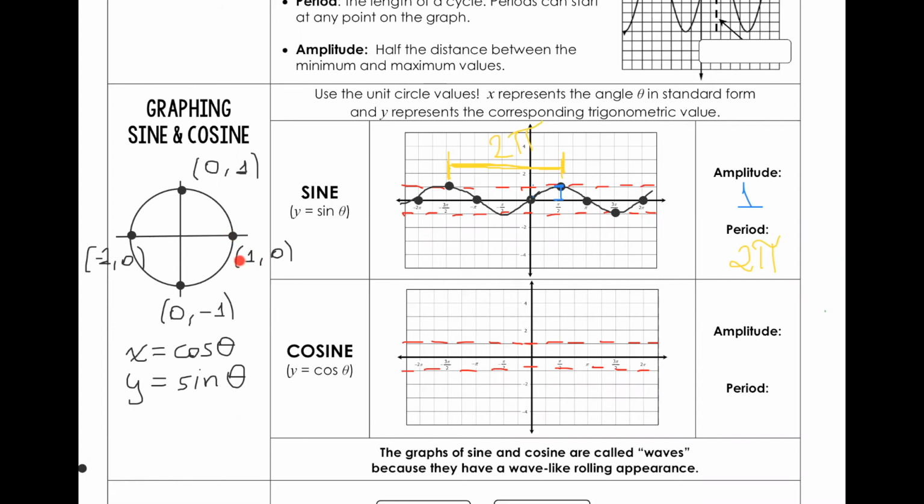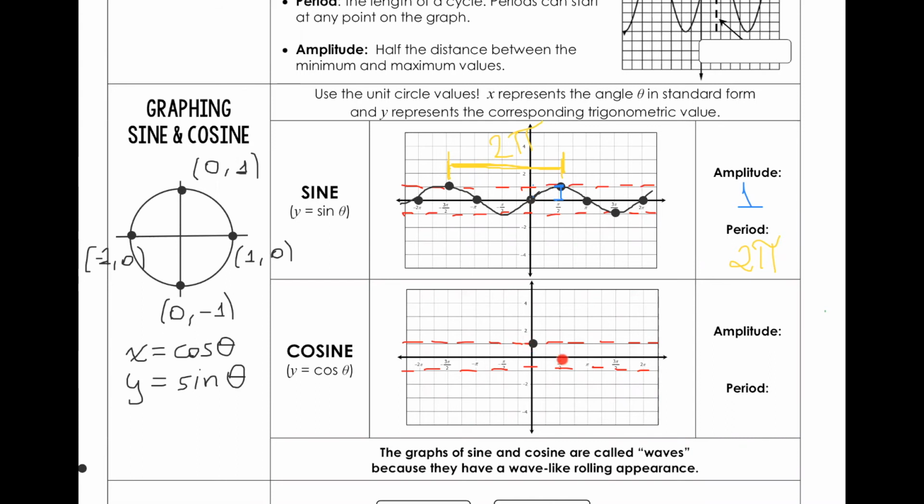This means that whenever the angle is 0, cosine is equal to 1. So you see, we start in a different place from the sine function. The sine function starts at 0, 0. The cosine function starts at 0, 1, right?